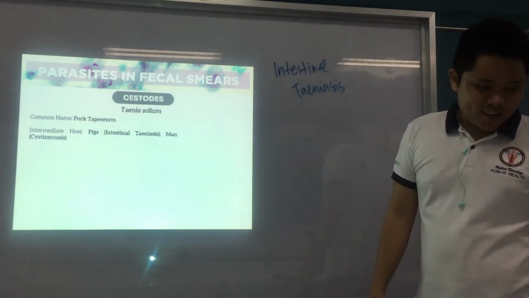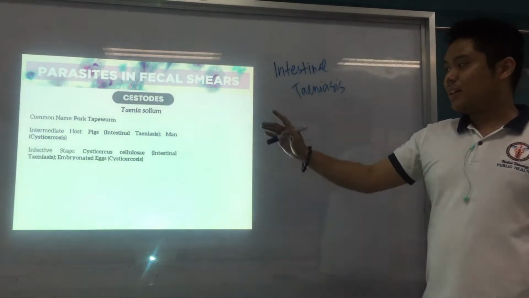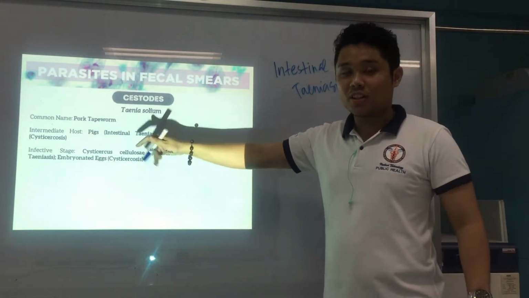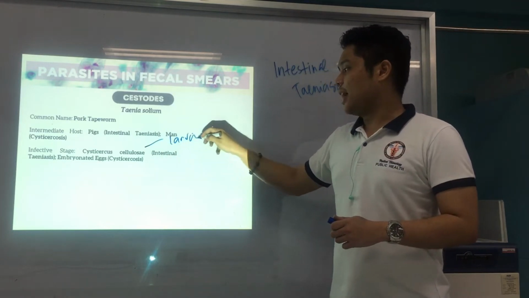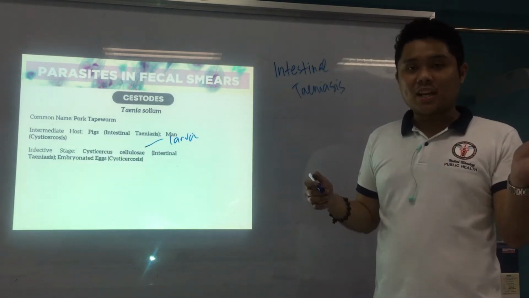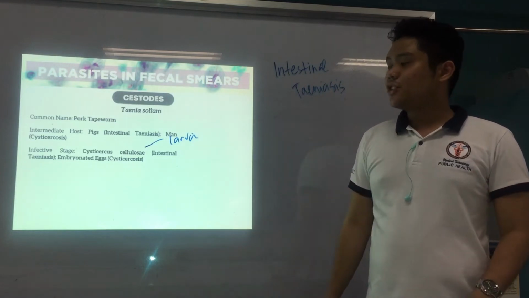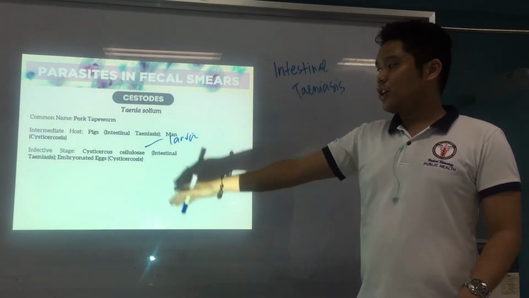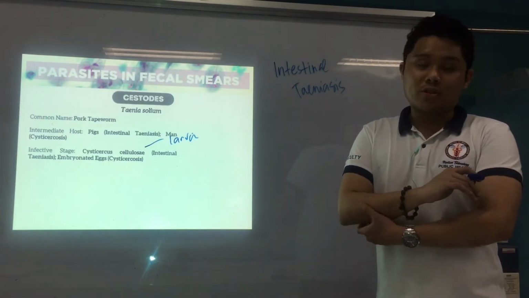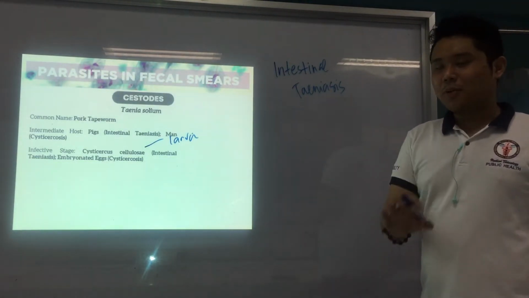Later, we'll discuss that. For the infective stage, it could be Cysticercus cellulosae, which is the larva. It's the same as Taenia saginata, which has Cysticercus bovis. For solium, the infective stage is Cysticercus cellulosae, or your embryonated eggs for cysticercosis. We'll discuss that.